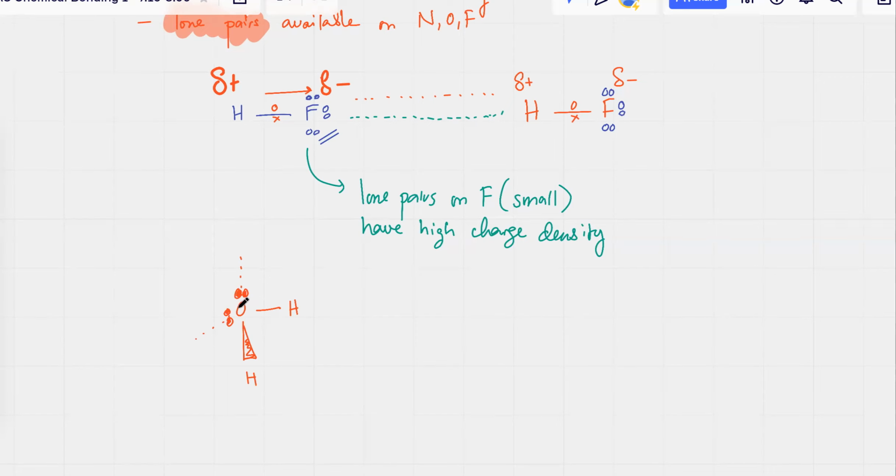So the OH bond is going to be very polar because oxygen is extremely electronegative. Oxygen would try to pull the electrons in the bond. So the H will have a very strong partial positive charge, and the lone pairs over here will have a very strong partial negative charge for two reasons.